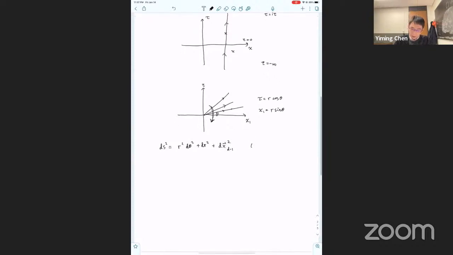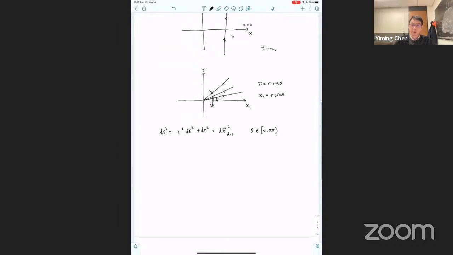And theta ranges from 0 to 2 pi. So the idea is that we view the path integral as going in the theta direction, and it has periodicity 2 pi. So the new perspective is to think of this theta as the new Euclidean time, which is now defined not from minus infinity to plus infinity, but on a circle.